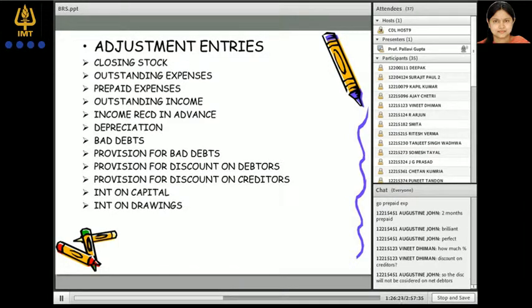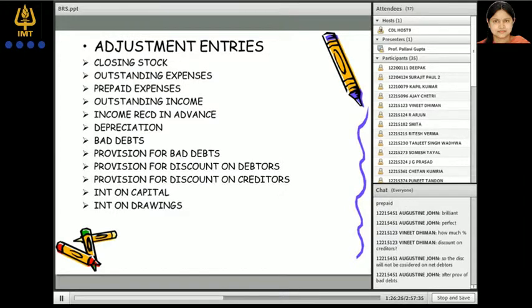Yes, it would certainly be after provision for bad debts. If we are doubting, provision for doubtful debts, why would we give discount to the doubtful ones? We will give discount certainly to our good debtors only.